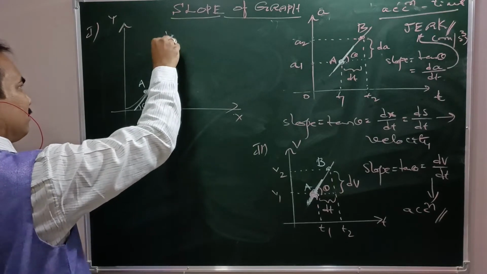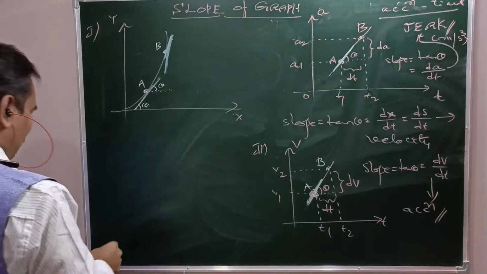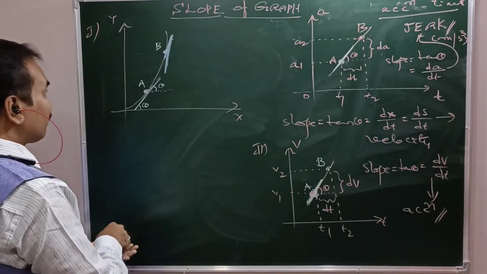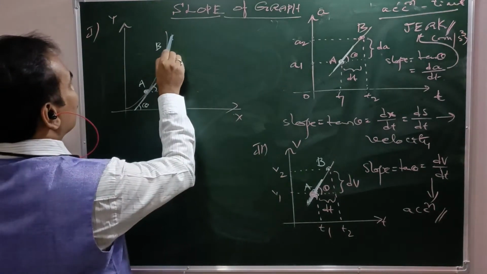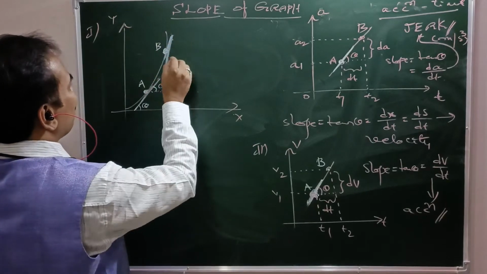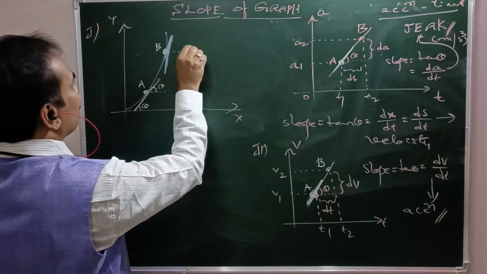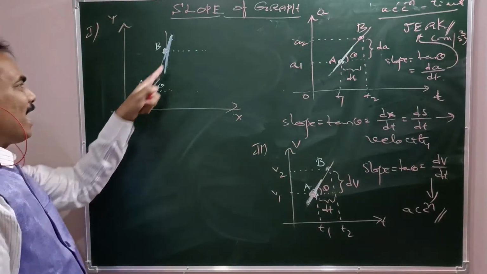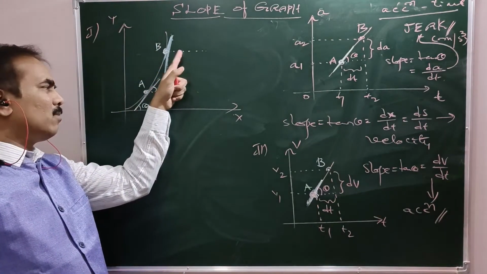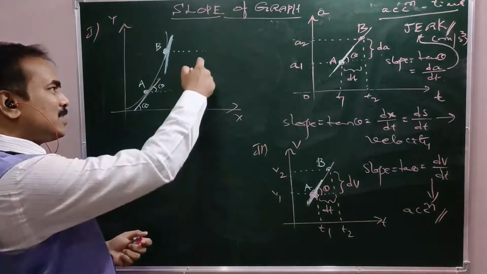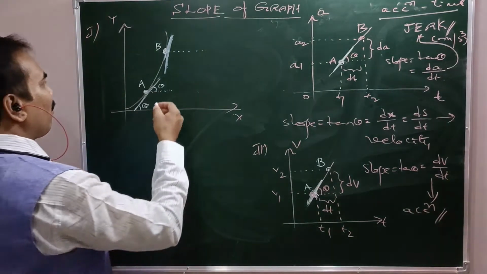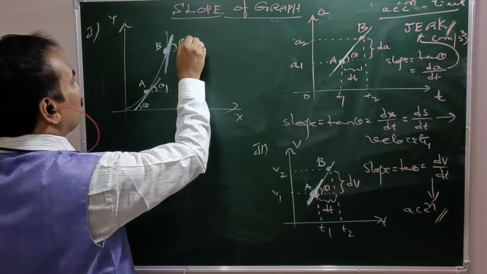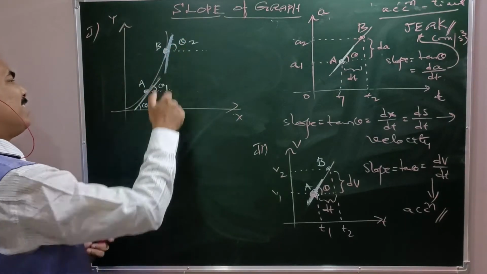Now, parallel to the x-axis, I am taking one axis parallel, passing through the point at which the tangent is drawn. So taking the angle with this axis is equal to taking the angle with the x-axis, because these two are parallel to each other. So what about the angle here? Here it is theta 1. Here it is theta 2. Here it is theta 1. Here it is theta 2.